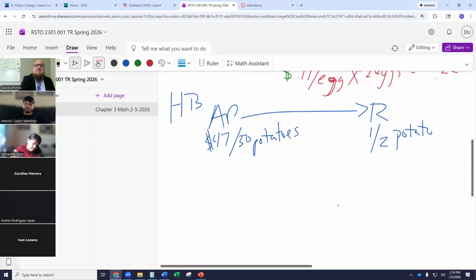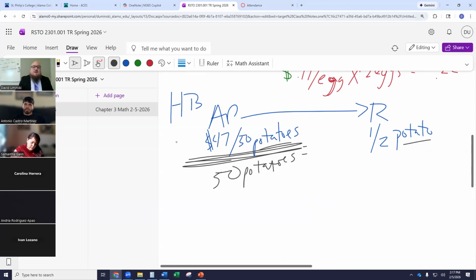All right, do my units match? Potato, potato, we're good. So that means we're all set. Now we have to get down to the cost of 1 potato. We paid 47 for 50, so we're going to take 47 and divide by 50 potatoes.